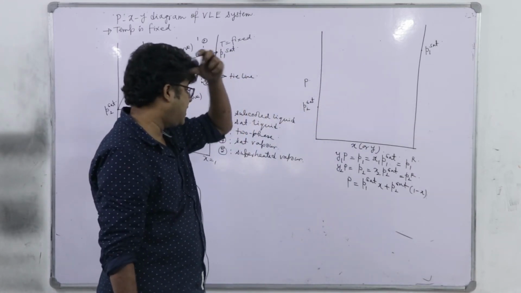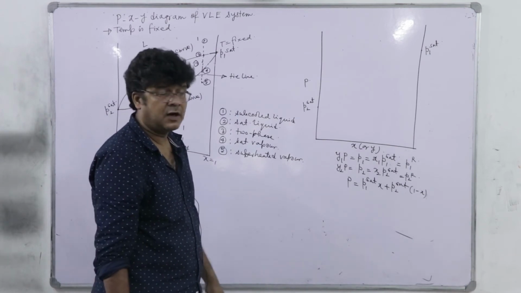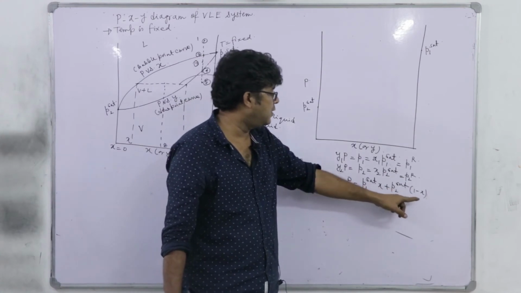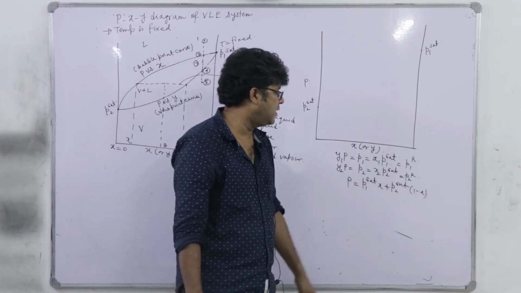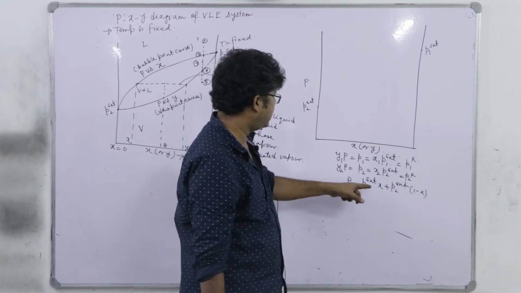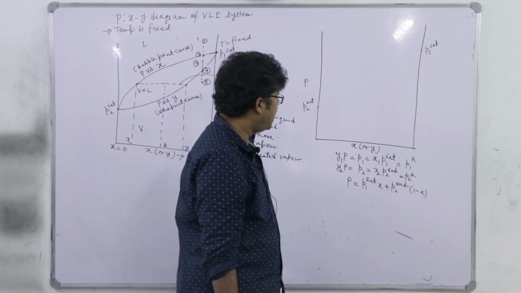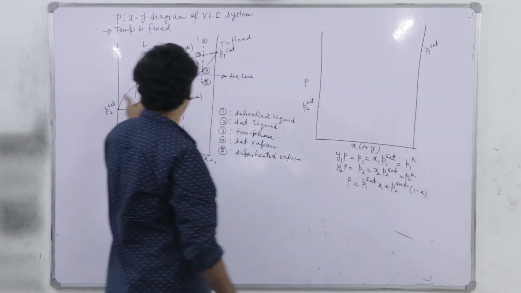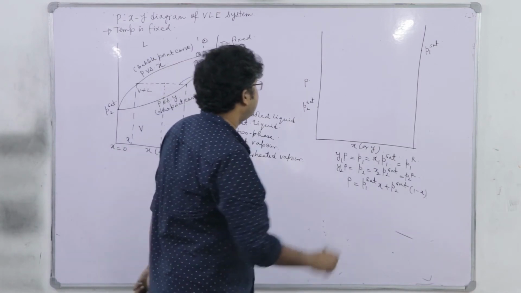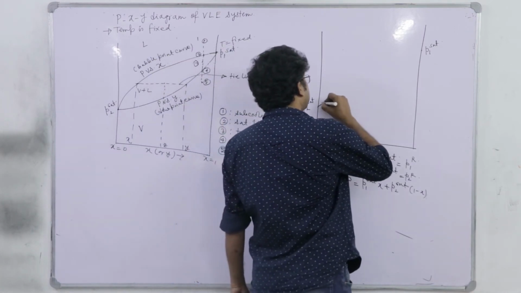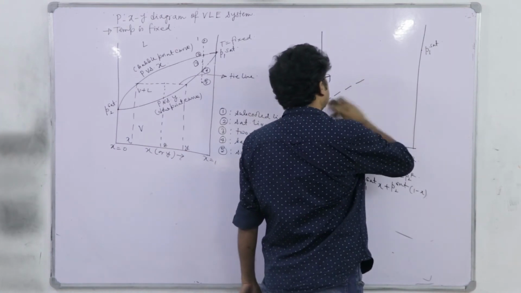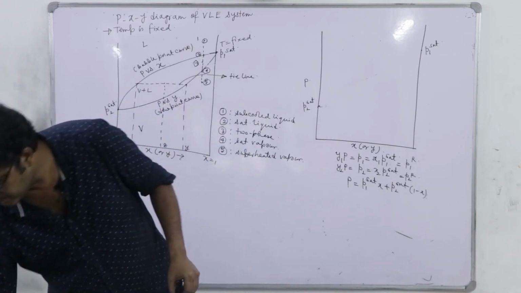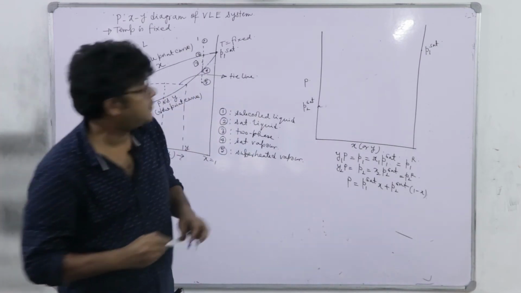So p versus x curve for Raoult's law is linear, and if we substitute x equal to 0 here, then I will get p2 sat, and x equal to 1, I will get p equal to p1 sat, which is exactly consistent with what we have just drawn.